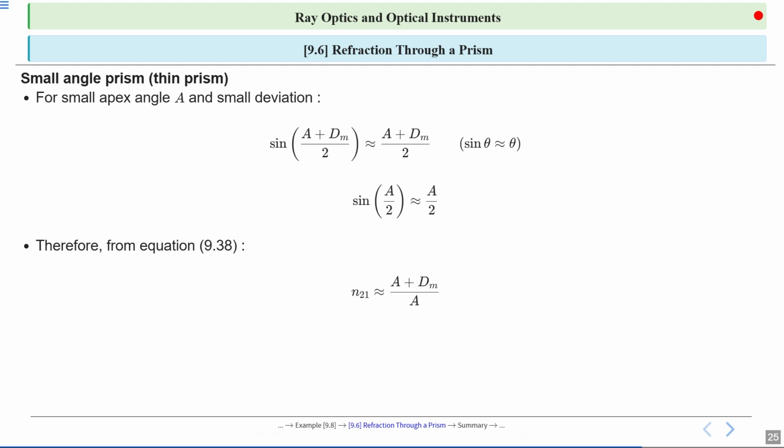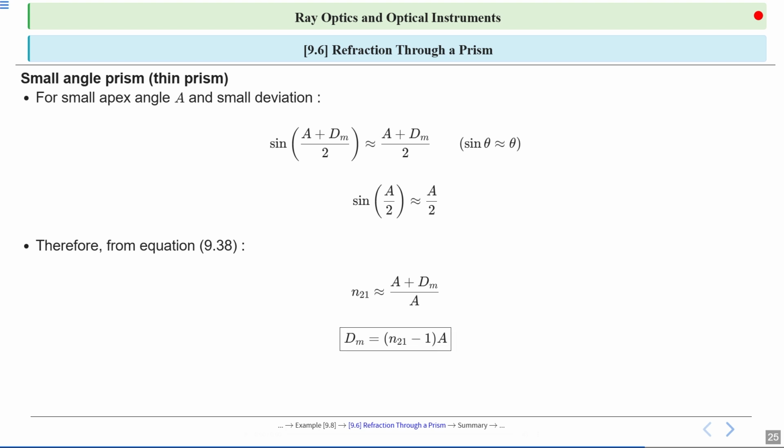So, the refractive index, denoted as N21, is approximately the ratio of the sum of apex angle and minimum deviation to the apex angle. This relationship is key to understanding how a prism bends light.